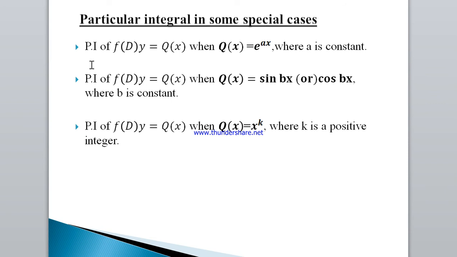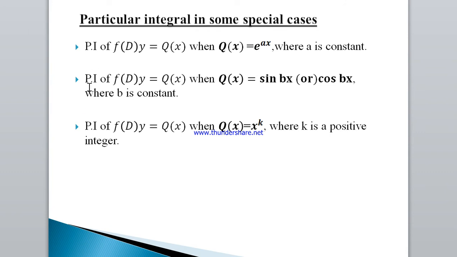That is, PI of f of D into y equals Q of x when Q of x equals e power ax, where a is a constant. This is the first type of finding the particular integral when Q of x is equal to e power ax.